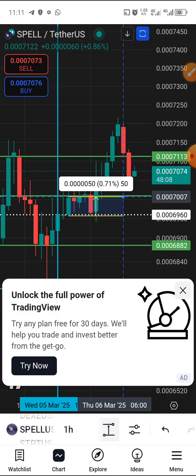Now here comes a challenge, because with 0.71 or 0.7%, many of you think that there is no money there. But depending on your capital, that small increase can earn you some good money.